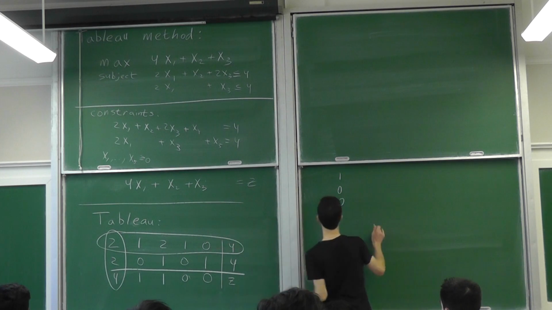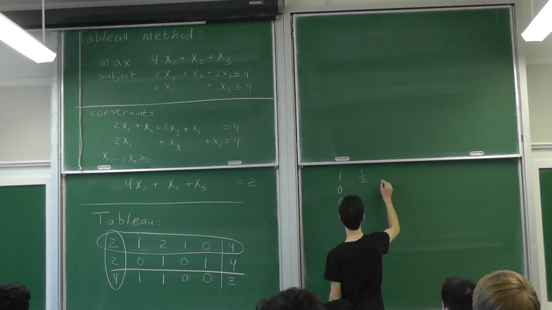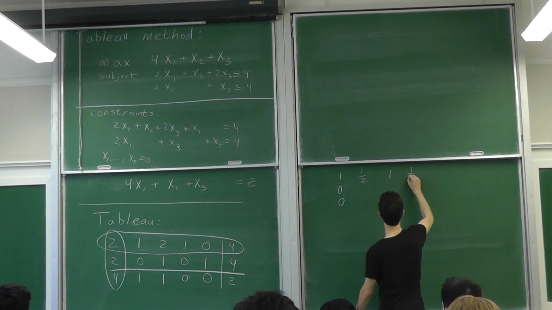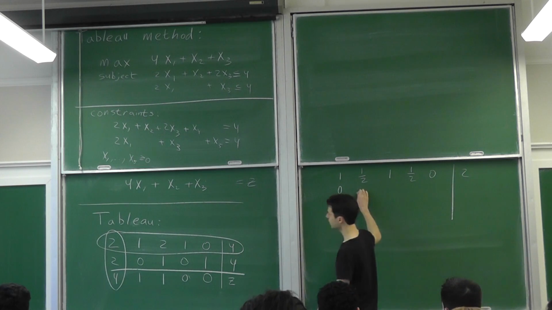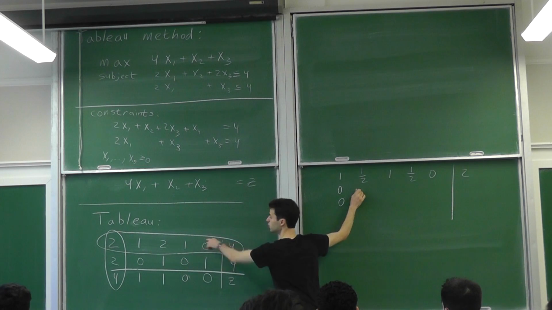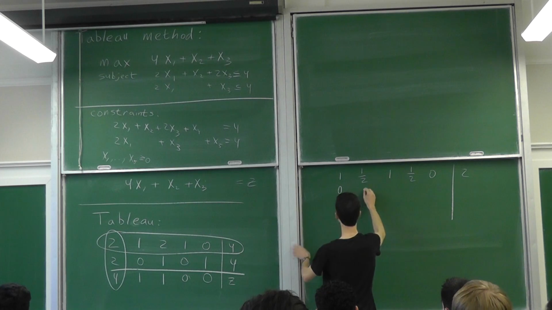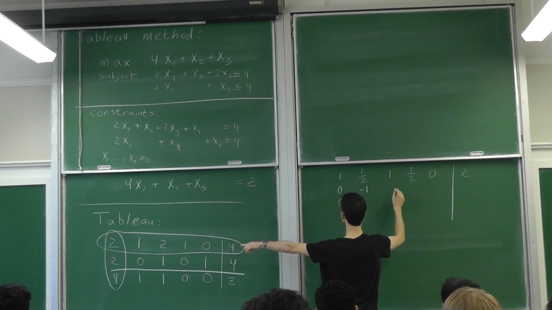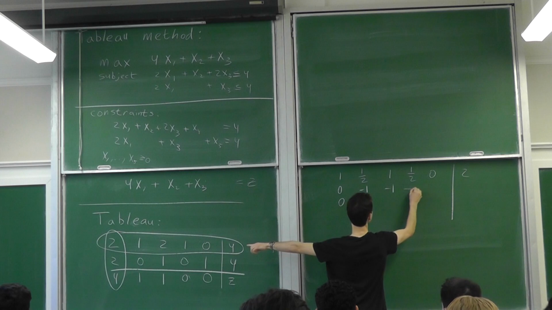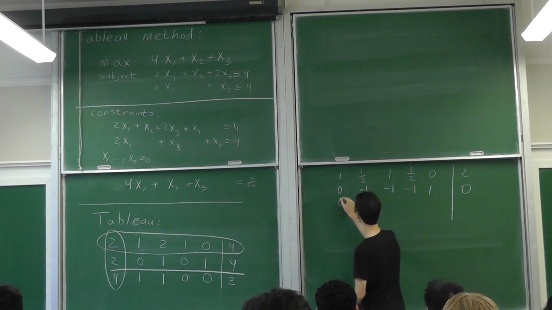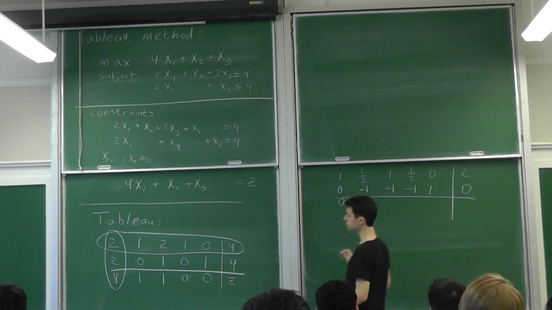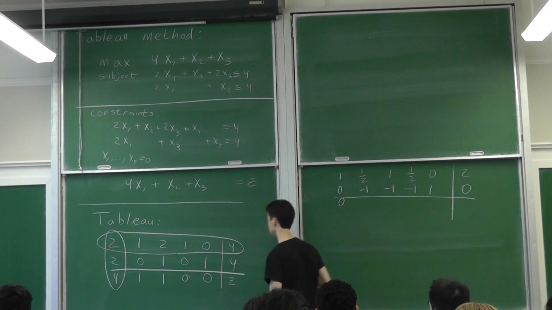I'll divide the first row by 2. I will subtract from the second row 1 times the first one. And I'll subtract 2 times the first row from the last row.